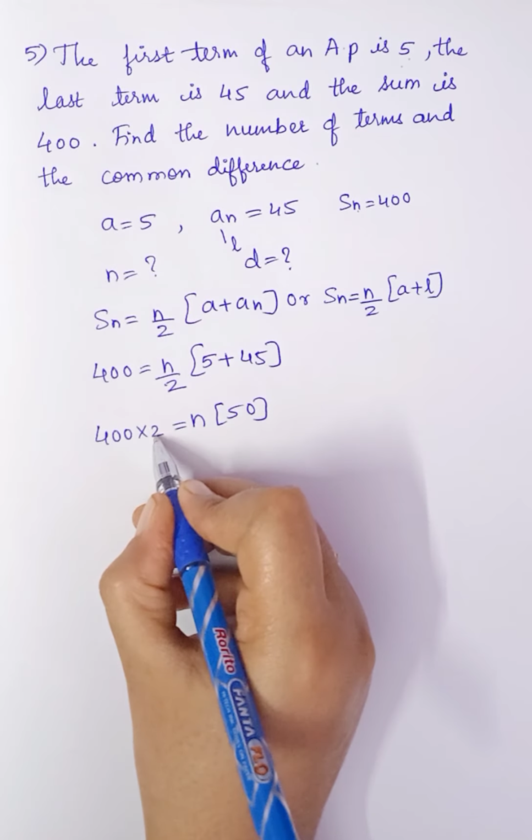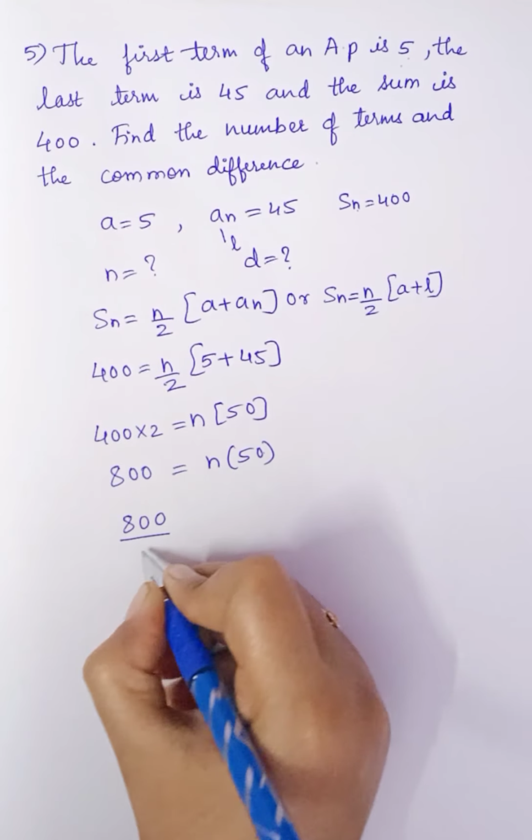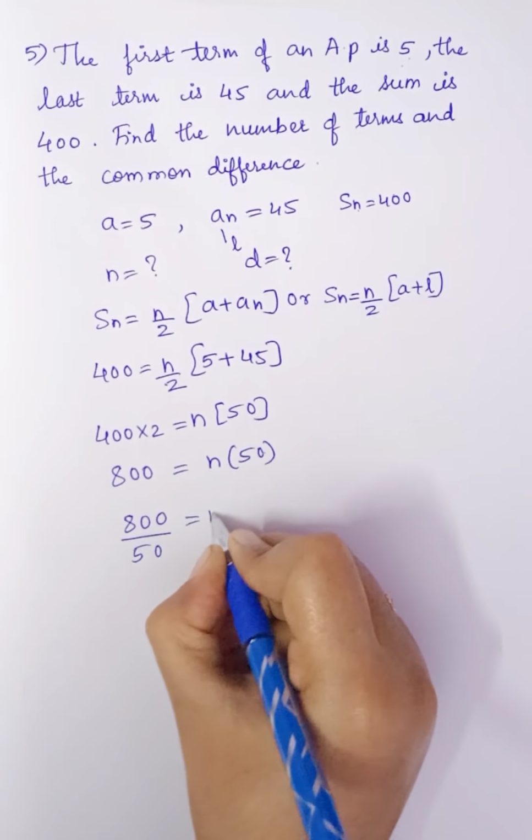Now 2 into 400 is 800. So 800 is equals to n into 50. I need to find the value of n. So n keep it as it is, 50 shift it in the denominator. So 800 by 50, which is equals to n.